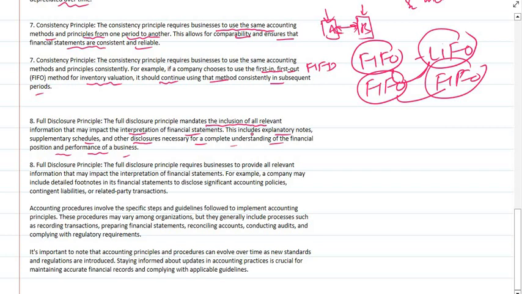It means that all material information that is relevant should be disclosed in the financial statement.